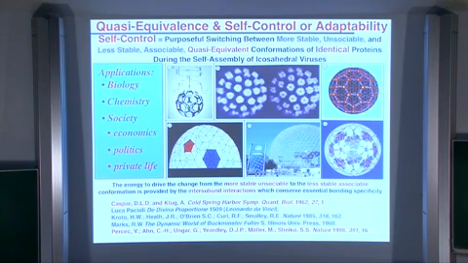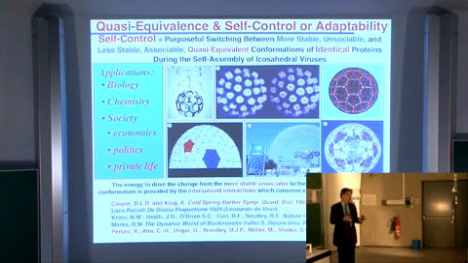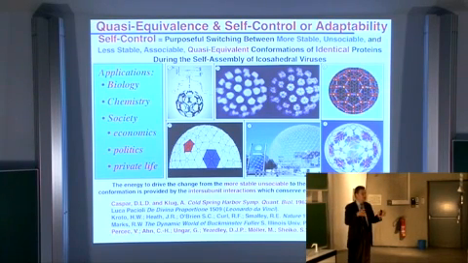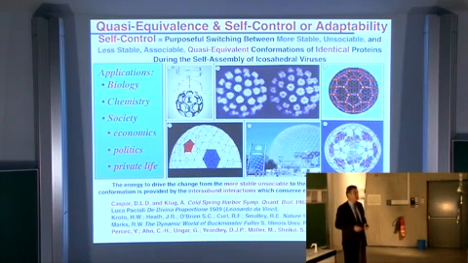icosahedral viruses. So here is a structure of an icosahedral virus, and this virus is made out of a single protein that is able to make pentamers or hexamers, and this combination of pentamer and hexamer derived from a single protein is providing the so-called icosahedral structure, which is the simplest geometrical architecture that mimics a spherical object.